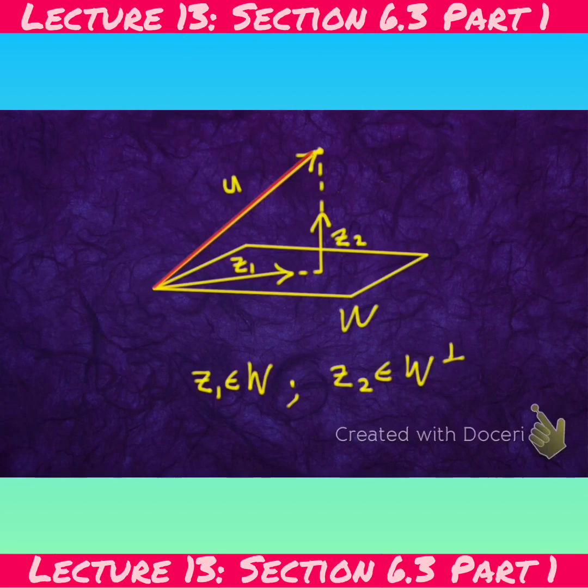Now, just an illustration. If we look at what we're dealing with here, W is the subspace, and we want to orthogonally project U onto W. So we can select a vector in W, call it Z1, and we can select a vector Z2 that is in the orthogonal complement of W. Then basically what you want to do is orthogonally project this vector U onto the vector Z1, which is what we're going to do.